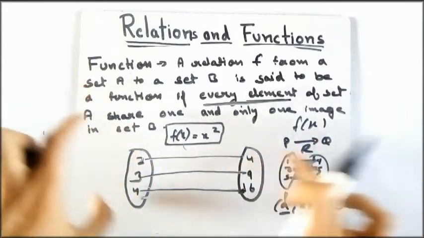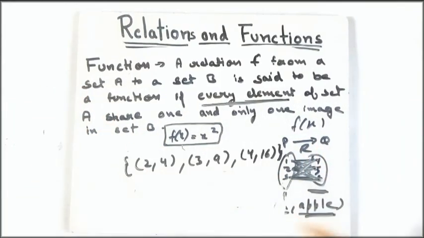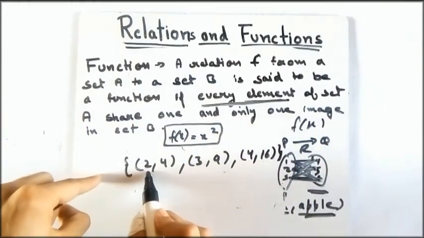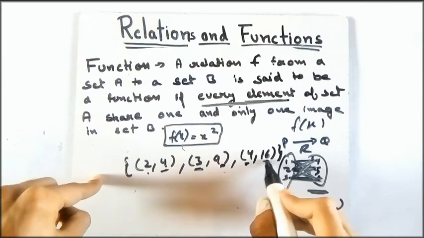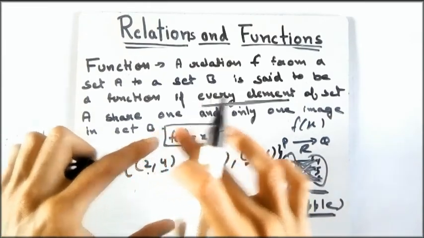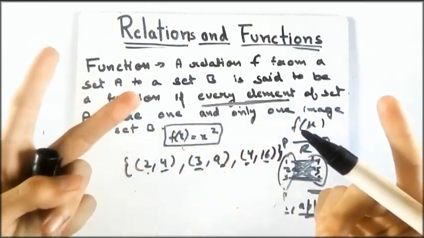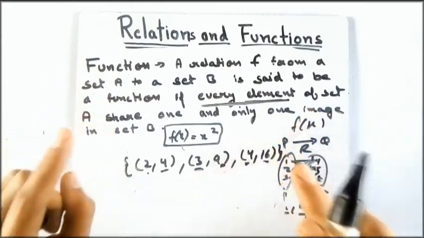So now let's write it in another form. Now this is what we got: 2 had the image 4, 3 had the image 9, and 4 had the image 16. I wrote it in this way to tell you two very important definitions.